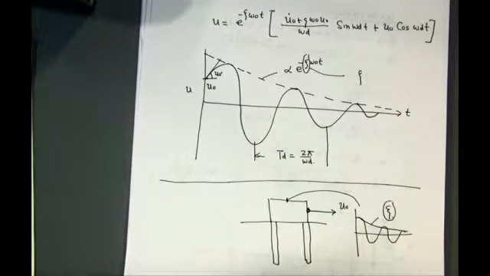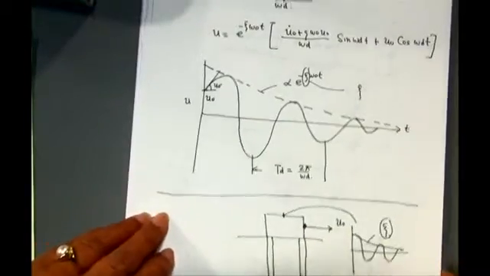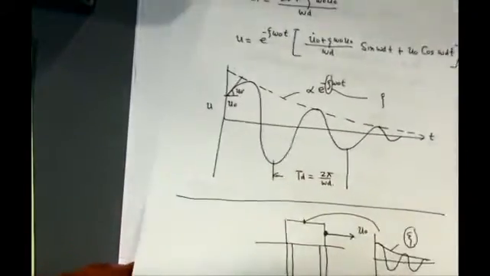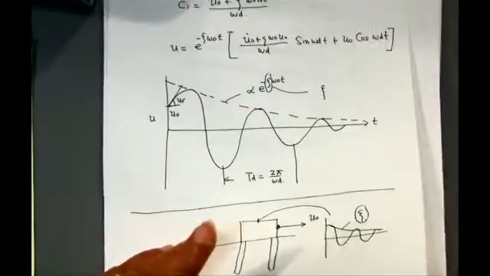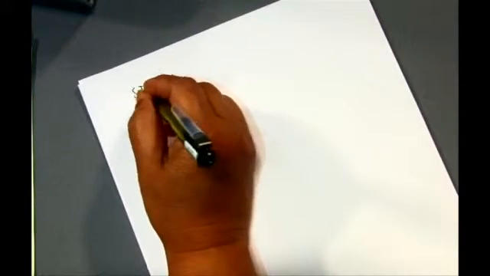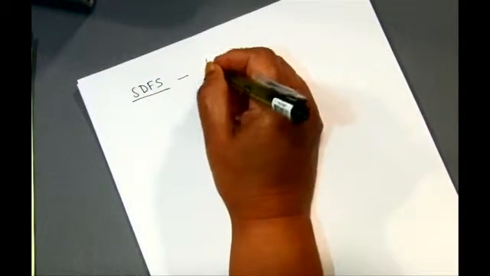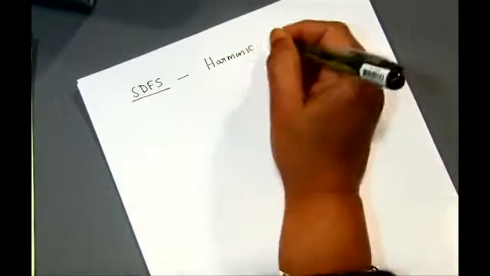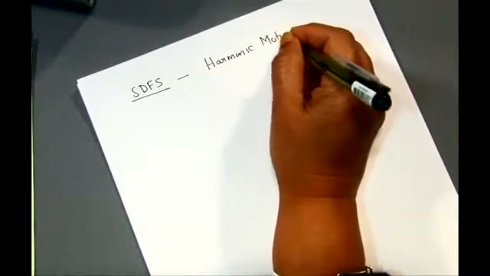Now I think we are going to move to a case where we have a single degree of freedom system still, but the system is now going to have a forced vibration, and there are many applications of those cases. So let's start with that. We are looking at the response of a single degree of freedom system, but now it is subjected to harmonic motion or excitation.